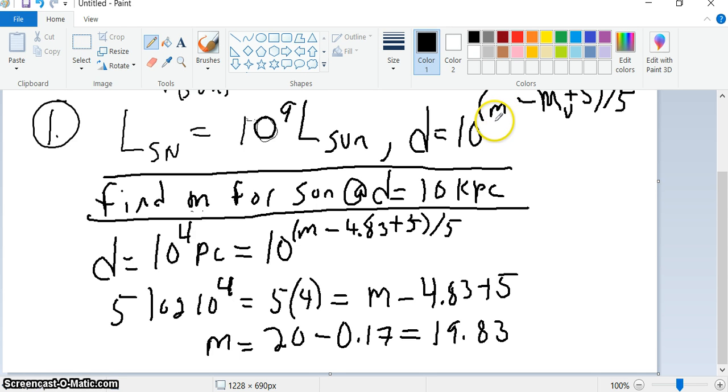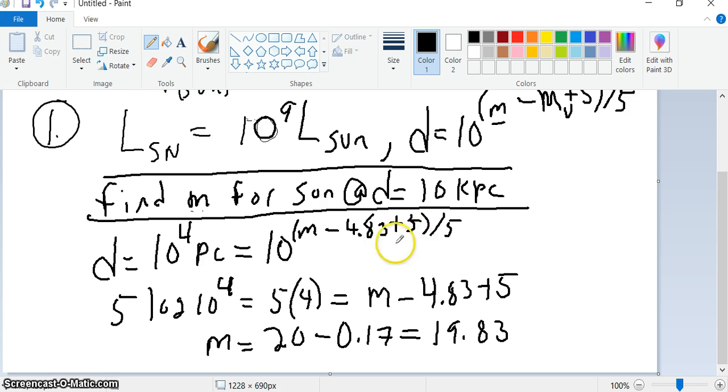This is what we're looking for, because we know the absolute magnitude of our star, the sun. So 10 to the 4th parsecs is equal to 10 to the power of, in parentheses, the apparent magnitude minus the absolute magnitude, that's the minus 4.83, plus 5, divided by 5.